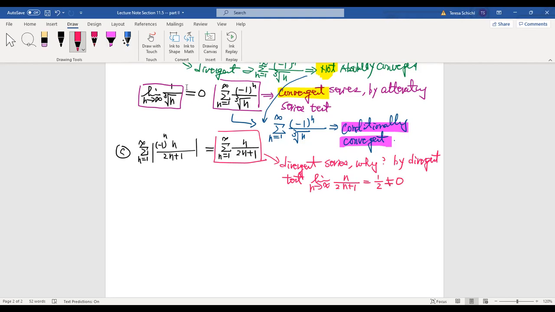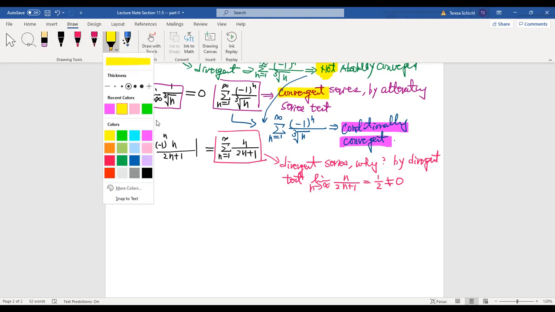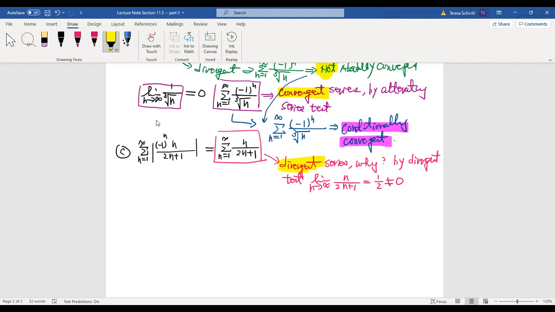Remember, the divergence test says if a_n does not approach 0 when n approaches infinity, then the series diverges.